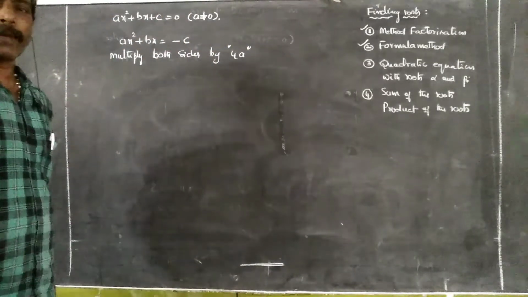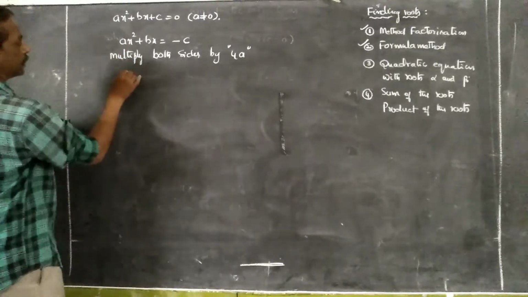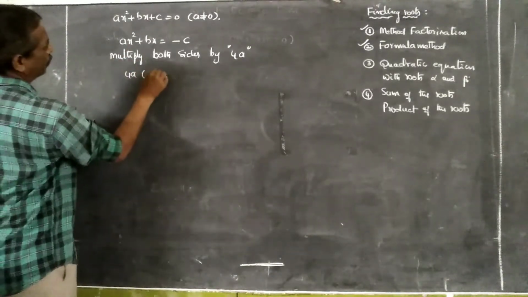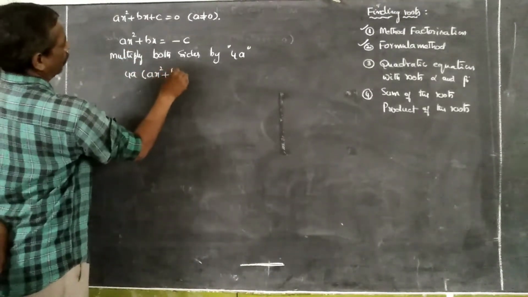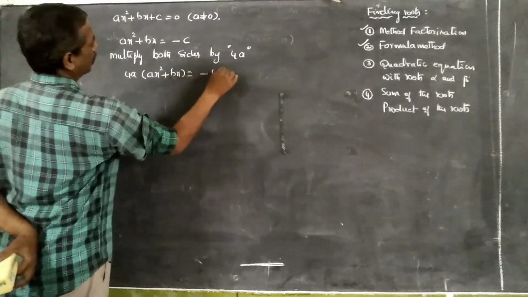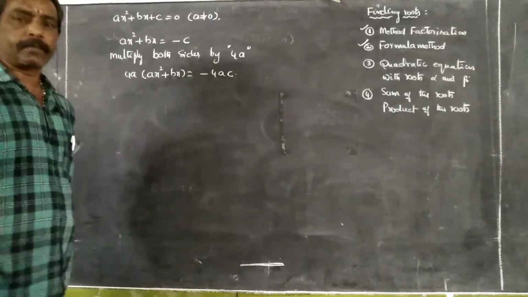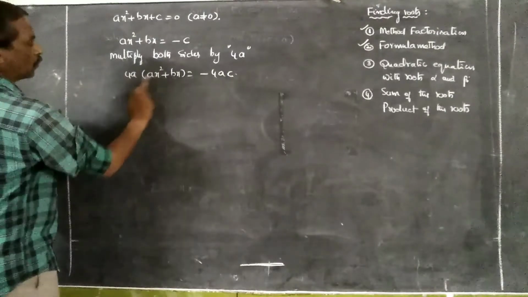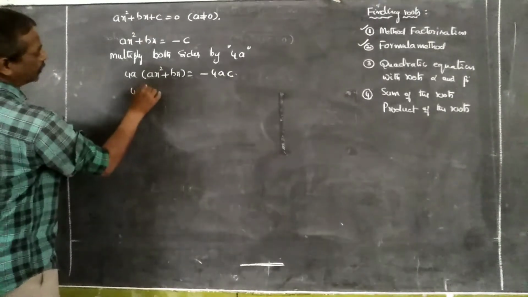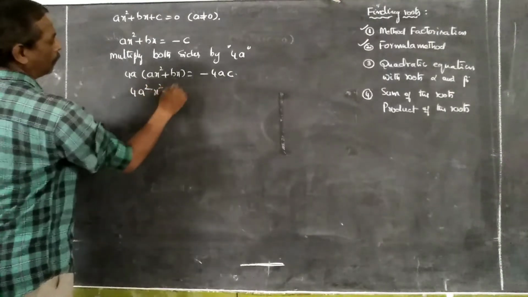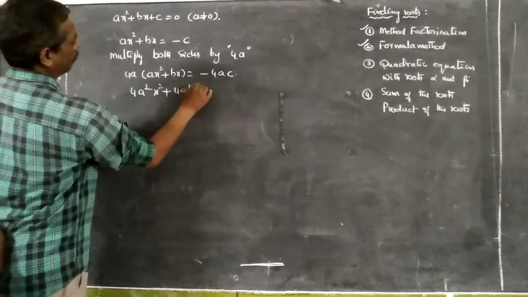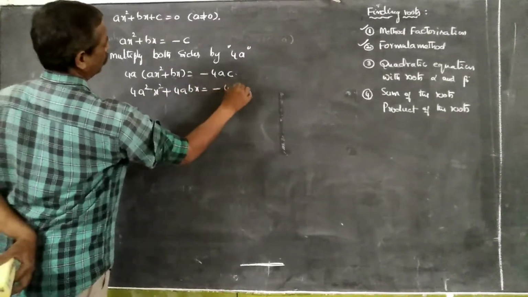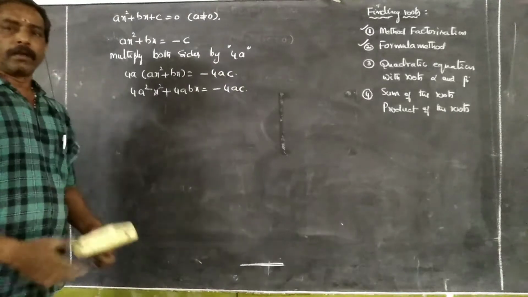Multiply both sides by 4a, such that LHS 4a into ax square plus bx, RHS minus 4ac. Now multiplying with 4a: 4a square x square plus 4abx is equal to minus 4ac.